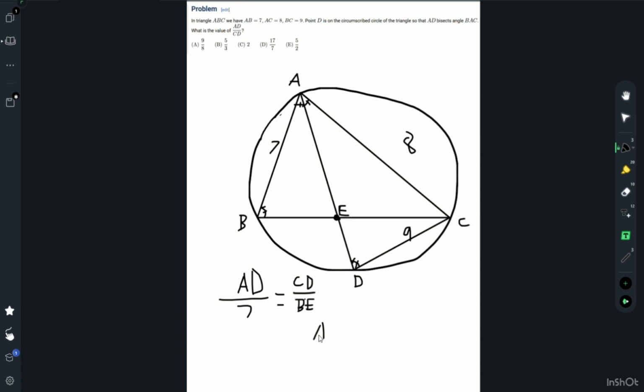We know that AD times BE would equal 7 times CD. So we simply divide by CD and BE. So now we have 7 over BE equals AD over CD.